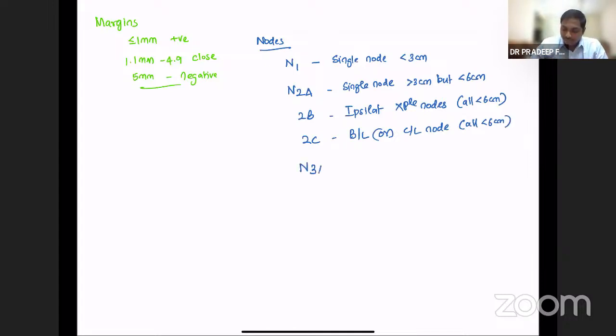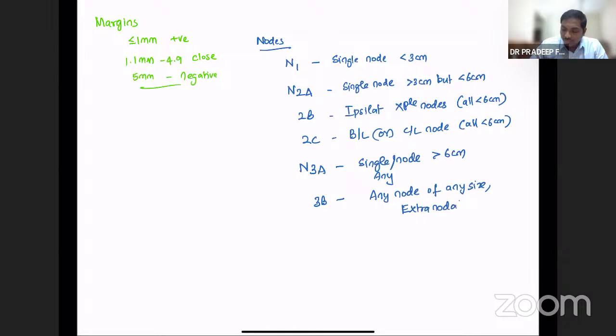N3 has 2 divisions: N3A, a single node or any node more than 6 centimeter. N3B is any node of any size but extranodal extension is seen.